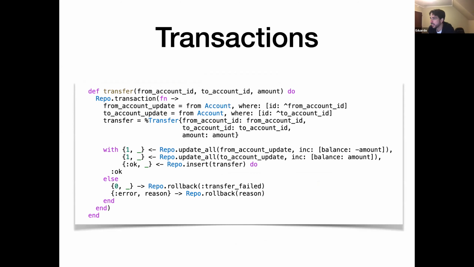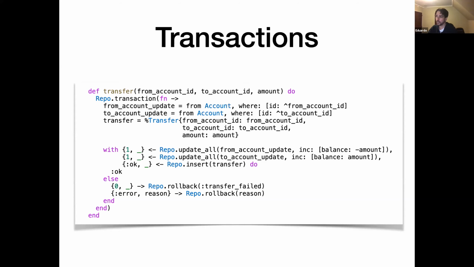And here's more or less how you could write this using vanilla Ecto with no Multi. Here I'm receiving an account ID, from account ID and to account ID. And I'm building this big transaction where, in this with, I want to update the from account to remove this amount, then update the to account to increment this amount.